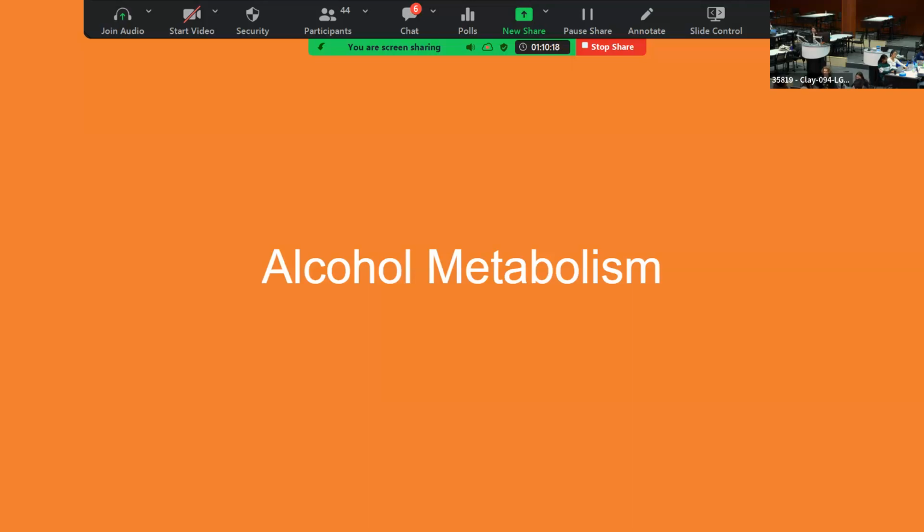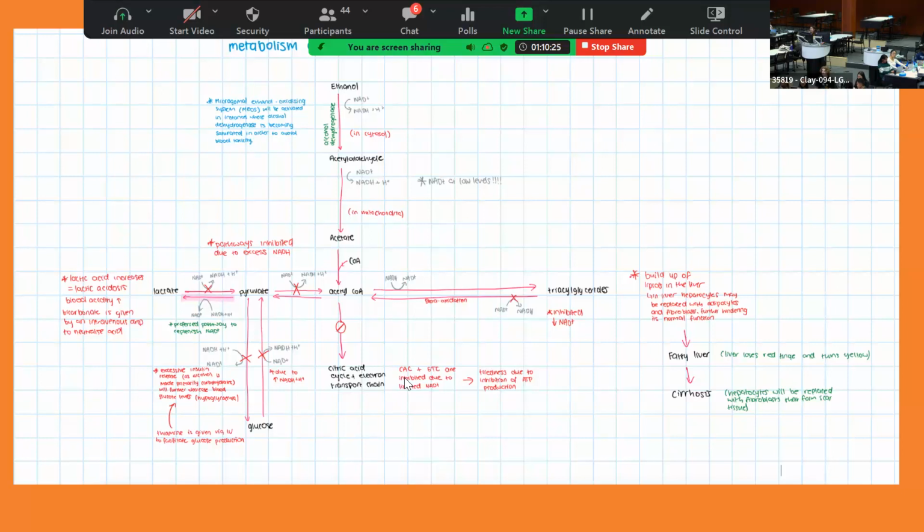Nope, we're good? Okay, moving on to alcohol metabolism. So once again, big picture, that's what you need to know. This is pretty much everything you need to know about alcohol metabolism. So we have ethanol, which by this enzyme here, alcohol dehydrogenase gets turned to acetaldehyde. That then gets turned into acetate.